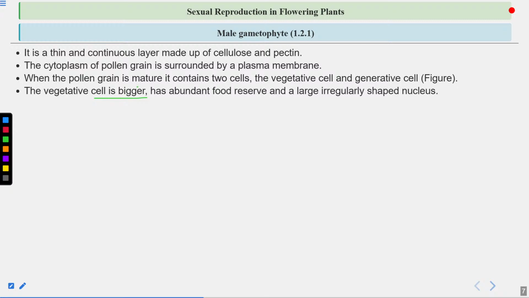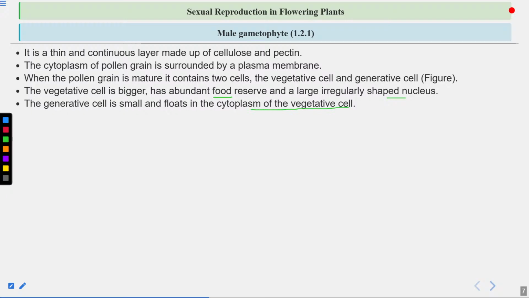It has abundant food reserve and a large irregularly shaped nucleus. The generative cell is small and floats in the cytoplasm of the vegetative cell.